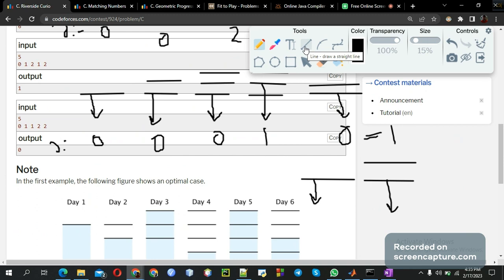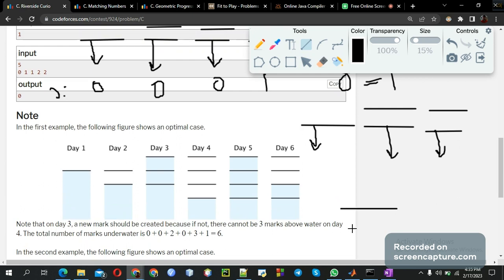For the next day, we can continue with these two watermarks. If we add another watermark, that will be no problem, but we can continue with these two. And next day, two watermarks are situated above the water level. So we have to add another watermark here. So we add three watermarks to verify this condition.